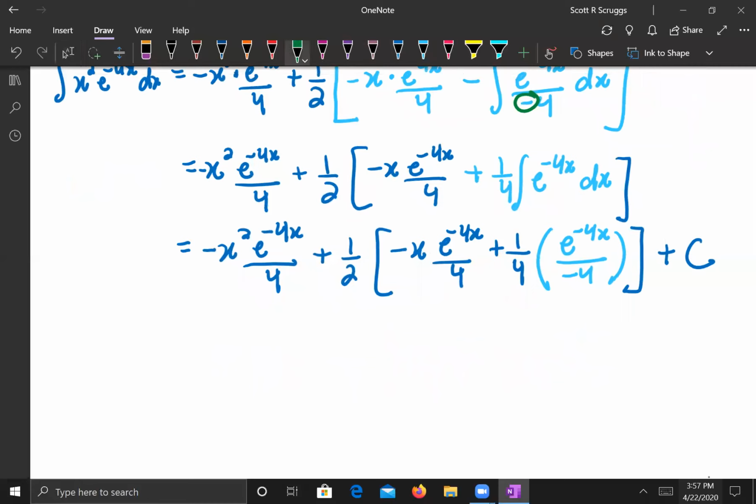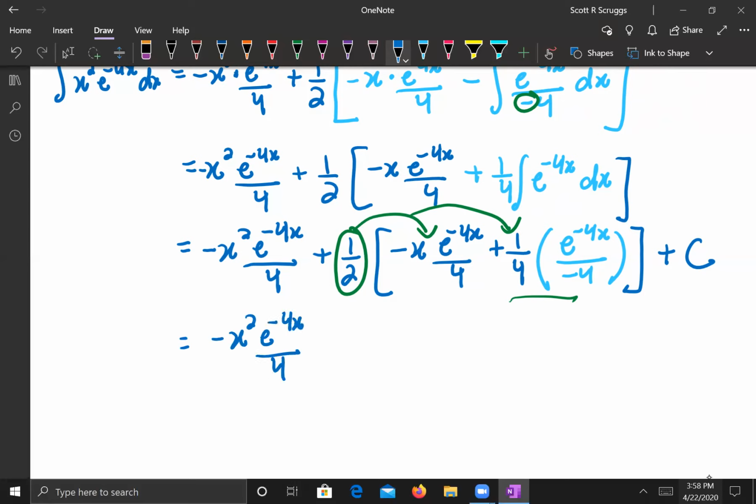And if you want to, you could simplify this further by distributing that 1/2 to both parts, multiplying that to give me a negative 1/16 times e to the negative 4x. So after simplifying, I'm going to get negative x squared times e to the negative 4x over 4 minus 1/8 x times e to the negative 4x minus, again, because of that negative sign when I took the antiderivative of e to the negative 4x, 1/16, 1/32 of e to the negative 4x plus c.